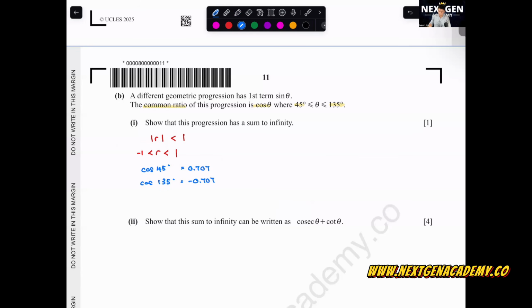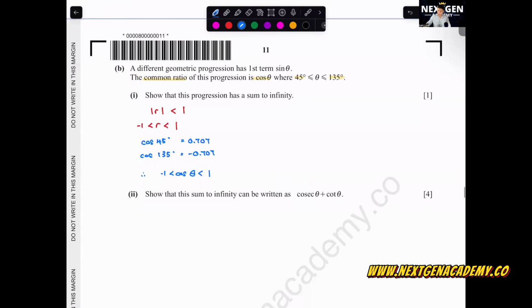So cos 135 to cos 45 is between -1 and 1. Therefore, you can write cos theta is between -1 and 1. You just need to show the calculation. It's just a 1 mark question.